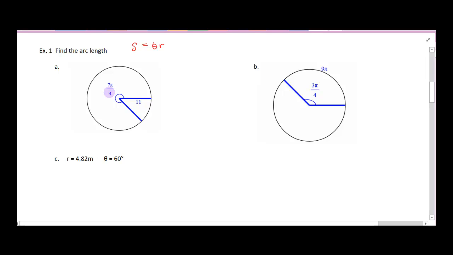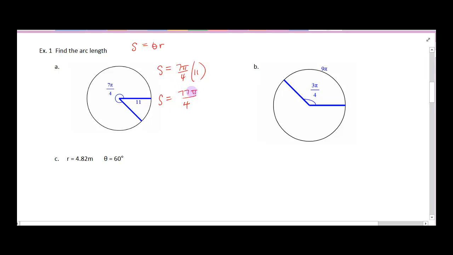So theta is in radian measure, and I can simply apply these to the formula. It's kind of a straightforward multiplication problem. So I have 7 pi over 4, which is theta, times 11, which is the radius, and when I multiply that out, I get 77 pi over 4.